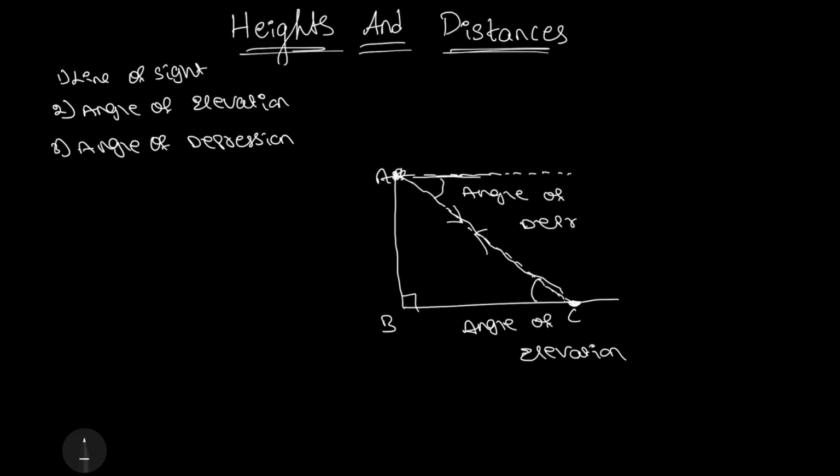Angle of depression. So what is the general meaning of this depression? Whenever we feel low, that means we'll be saying it as depressed or depression. So in this case also we are seeing an object which is placed lower than our eye level. So that is why we'll call it as an angle of depression.